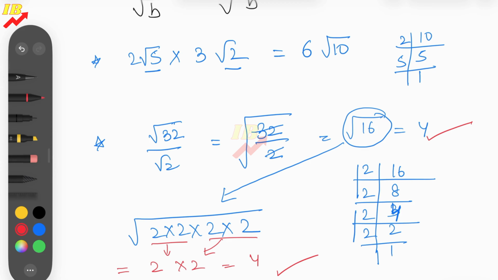See, the splitting thing, the expanding thing, the simplifying thing, all of them are the same thing. You just need to understand what we are exactly doing. You need to understand the concept of the square root. You need to understand what is a like term and what is an unlike term, or an unlike radical and a like radical.